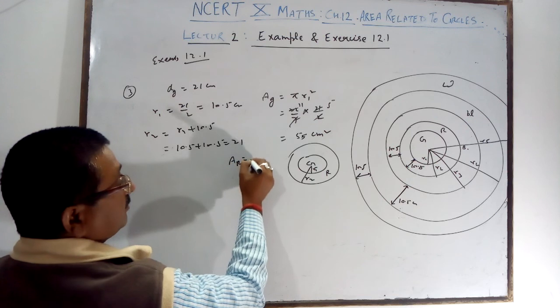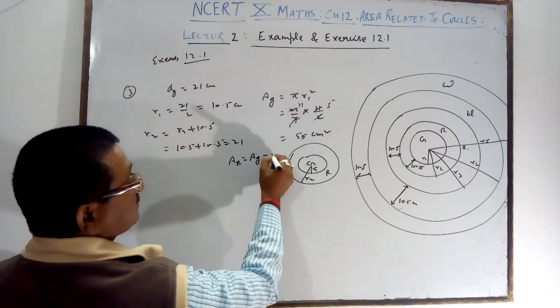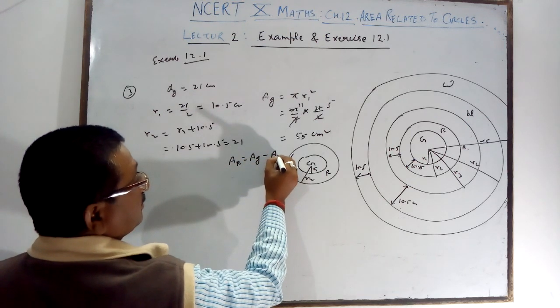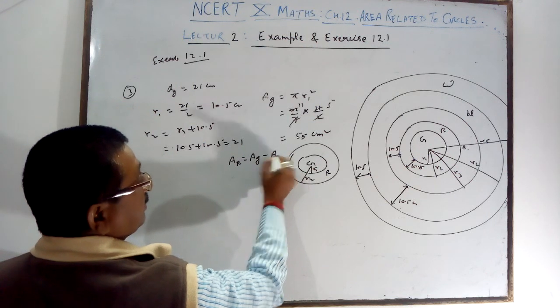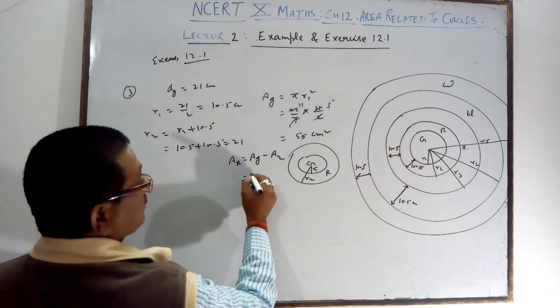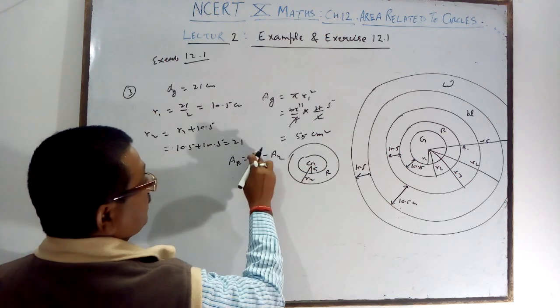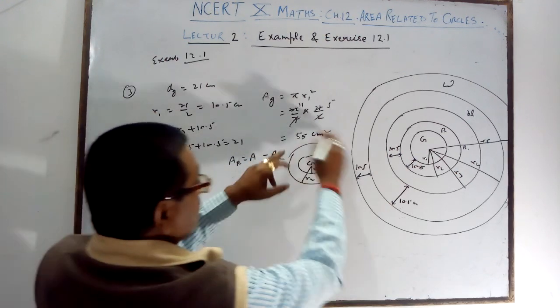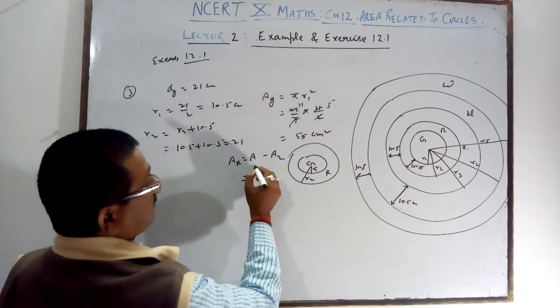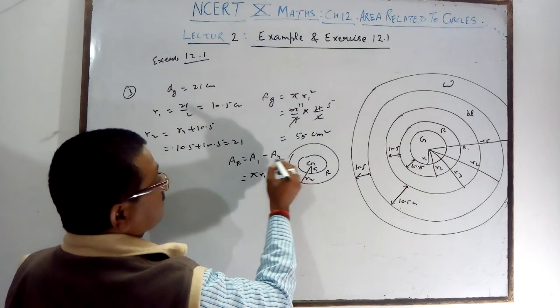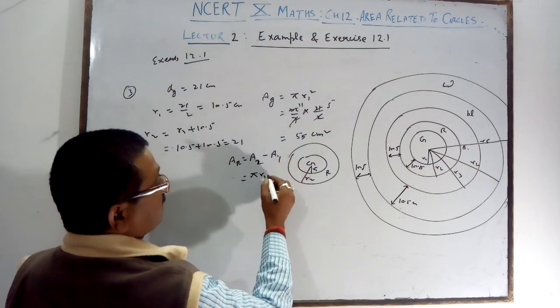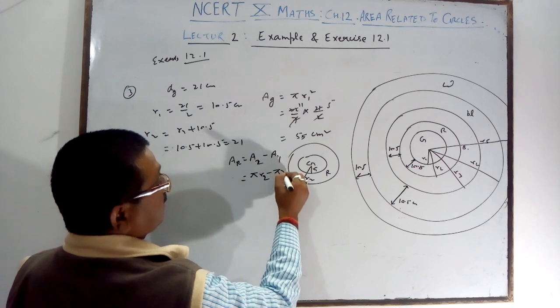Area of red is equal to area of bigger circle minus area of smaller circle, that is A2 minus A1, pi R2 square minus pi R1 square.